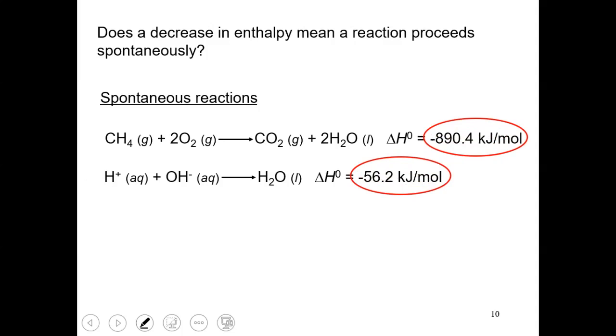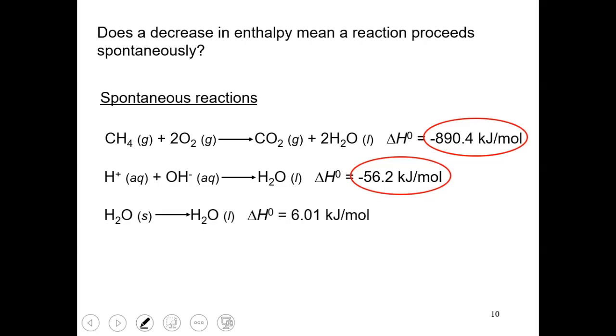Since we said that the change in energy in a chemical reaction represents the balance between the energy investment in breaking bonds and the energy return in the forming of new bonds, a negative enthalpy means that you've released more energy than you invested, and so you have a surplus, right? So you would think, well, if you have a negative delta H, that reaction would be spontaneous.